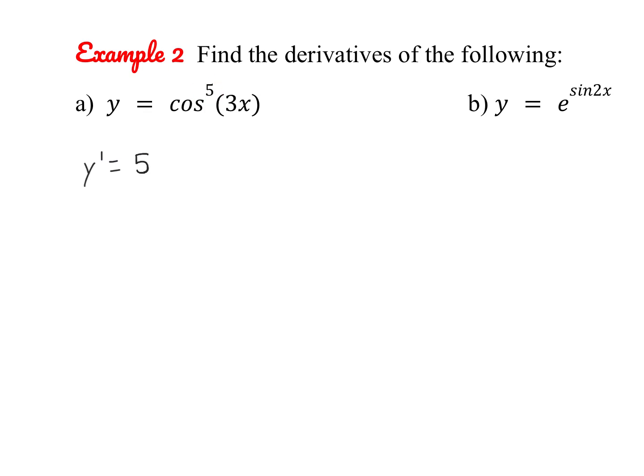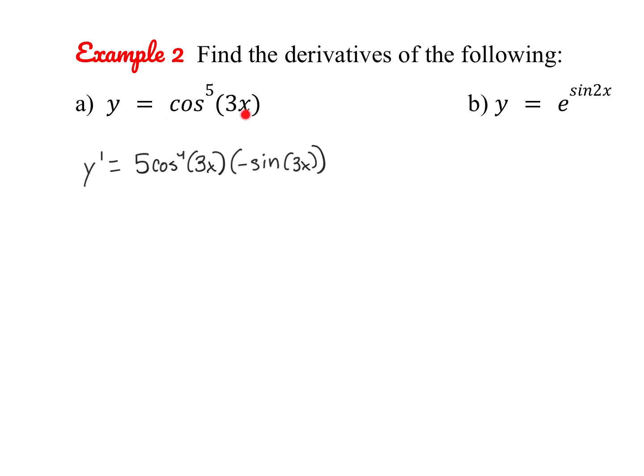So again, we do 5 times cosine to the power of 4 of 3x. We've done our outermost function and we left the inside. Now let's look at the next portion of our function, which would be our cosine function. The derivative of that is negative sine, and then we're going to leave the inner portion of that, which is 3x.